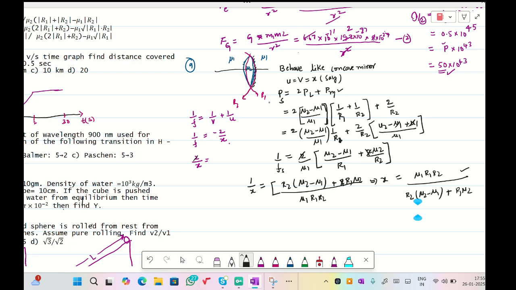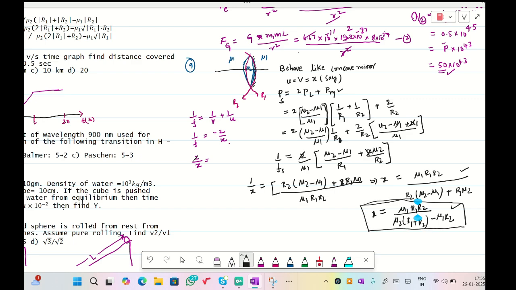I can change this to the given answer, in terms of R2 and R1. Now see, taking mu2 common, mu2 into R1 plus R2 will come, and R2 minus mu1 into R2. So this is the given answer. So x is equal to this, the correct answer, and we followed the correct method only.